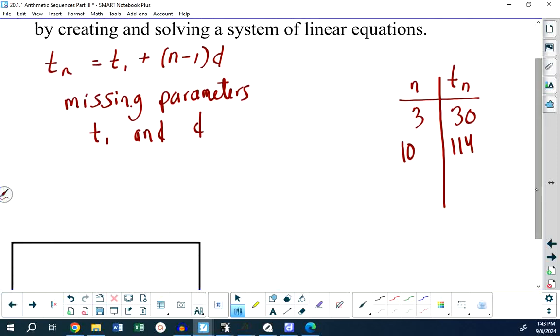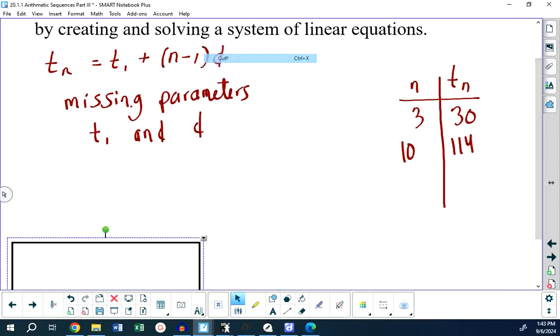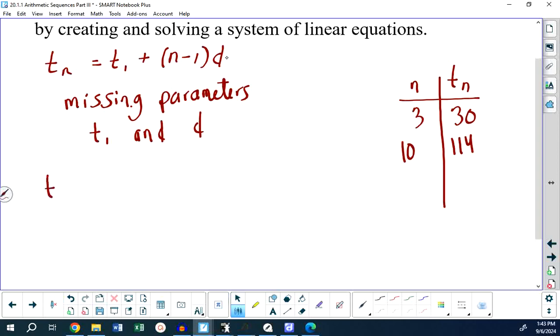And I am going to get T sub n, which is 30, equals T1 plus, man, you guys, I so just want to write 2D here. I really just want to write 2D because it's 3 minus 1 times D.